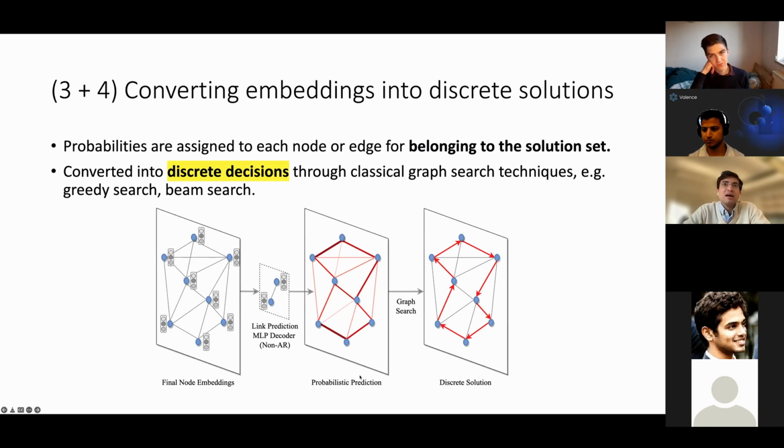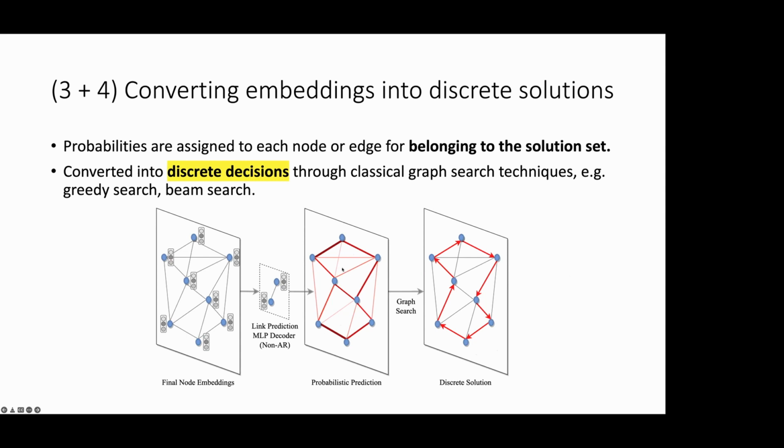So we usually want to go from the node representations to a probabilistic prediction, which we can train. We need probabilities in order to train neural networks, and then to convert that into something discrete. Generally, you'll assign probabilities to either each node or each edge as belonging or not to the solution set.